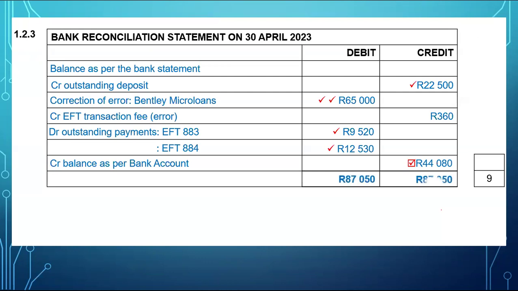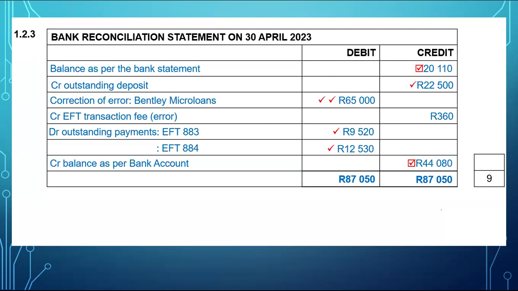Put the same total on the debit, subtract 44,080, subtract 360, subtract 22,500. 87,050 minus 44,080 minus 360 minus 22,500 will give you a balancing figure, which will be a balance as per the bank statement of 20,110. So according to the bank statement, we have a positive balance.